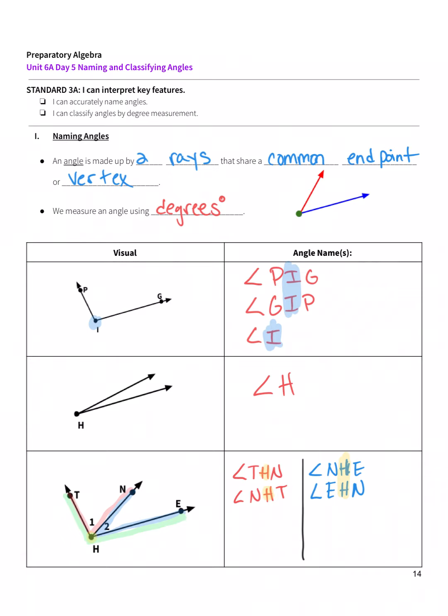Okay, let's go on to our last angle that we identified. We can see that ray TH and EH share this common endpoint, and the name of this angle would be angle THE, or we can call it angle EHT.